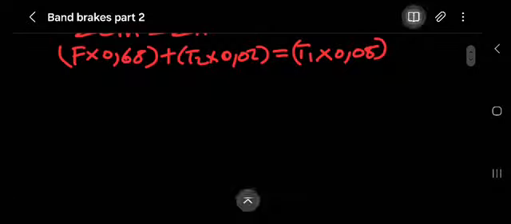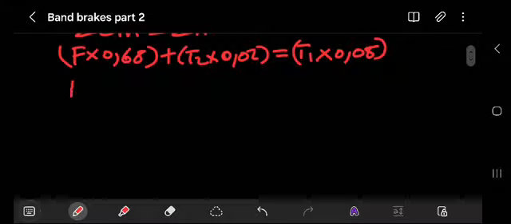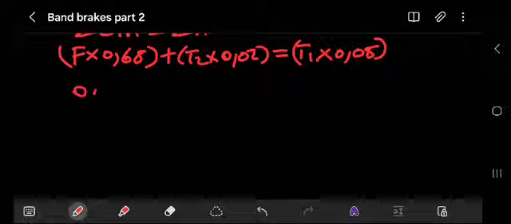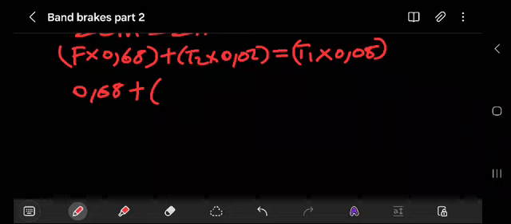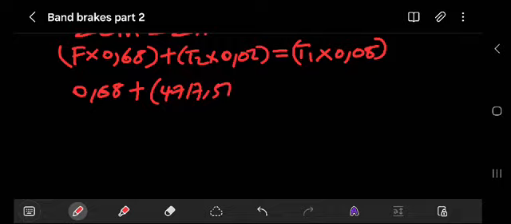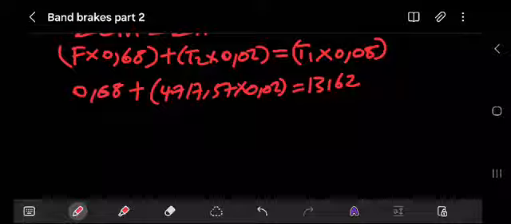So the force is 0.68 F plus T2. We know the value of T2, guys. We did calculate that, which is 4717.57 multiplied by 0.02 is equal to the value of T1, 13162 times 0.08.